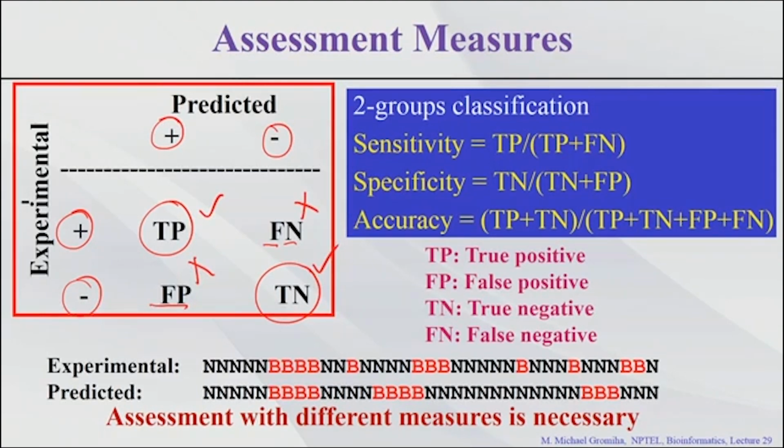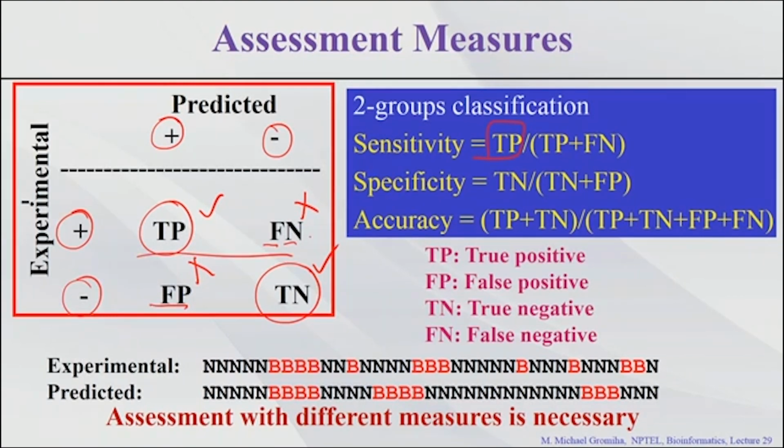Based on these measures we can define different terms called sensitivity, specificity and accuracy. Sensitivity deals with the positive data set, specificity with the negative data set. Sensitivity is true positive divided by true positives plus false negatives, that is for all the positives.